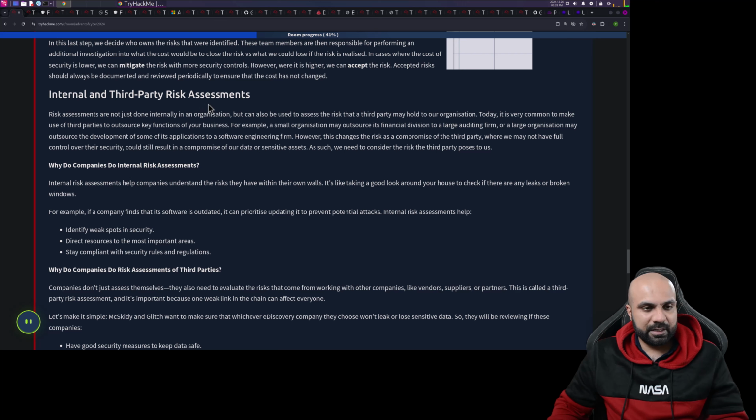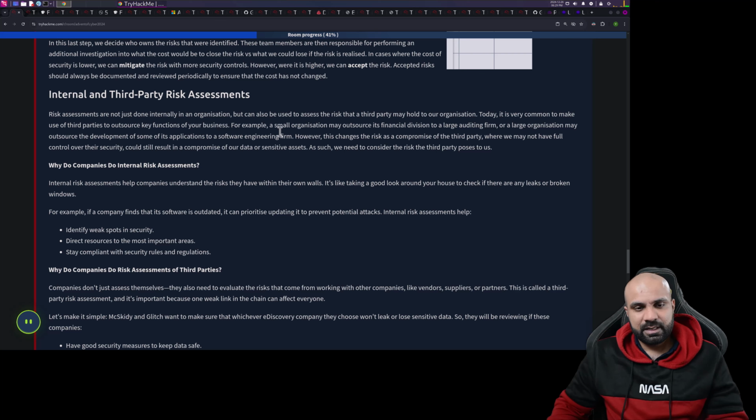Internal and third-party risk assessments. Risk assessments are not just done internally in an organization, but can also be used to assess the risk that a third party may hold to an organization. Today, it is very common to make use of third parties to outsource key functions of your business. Transfer the risk, basically.